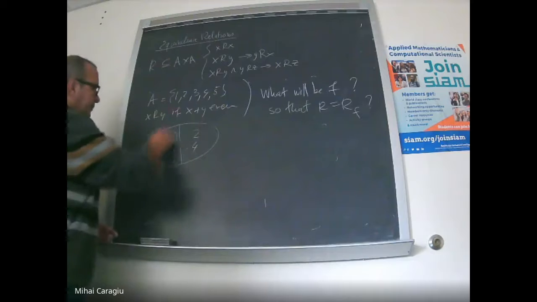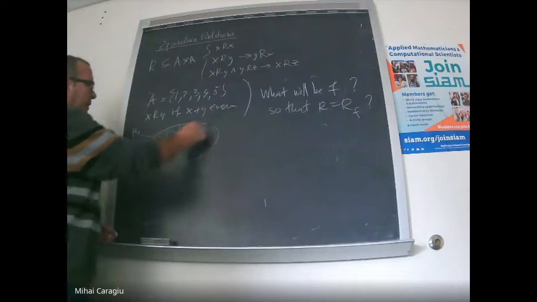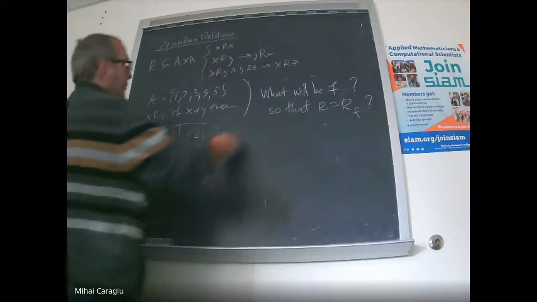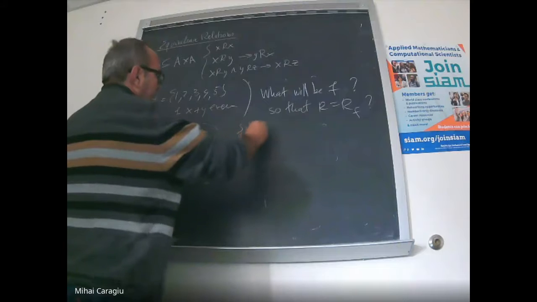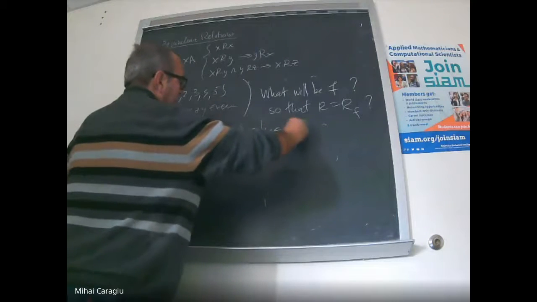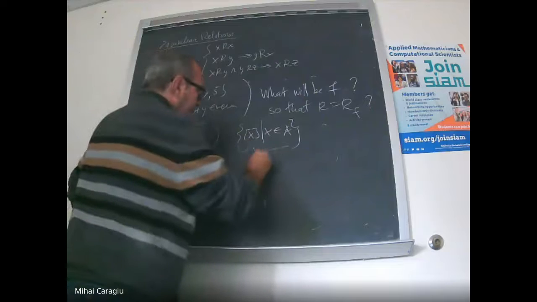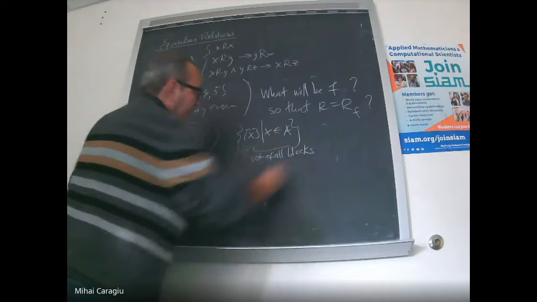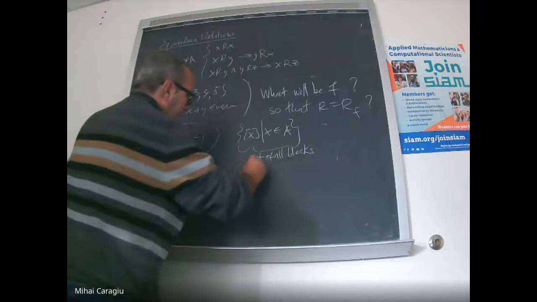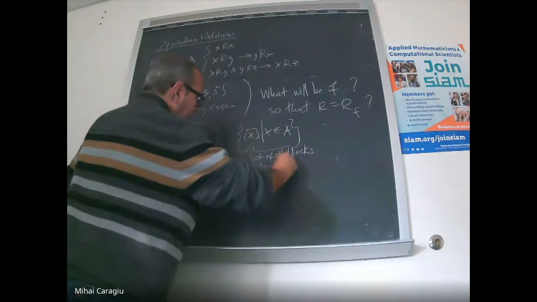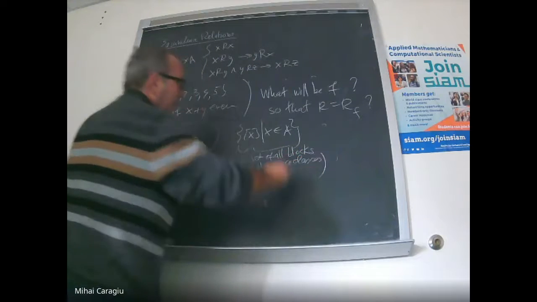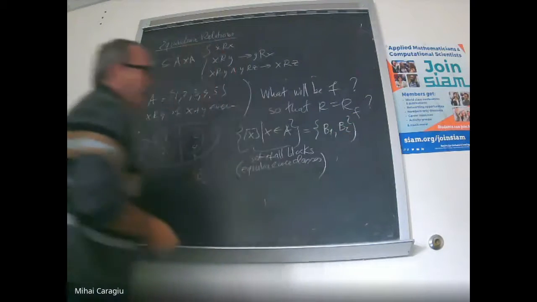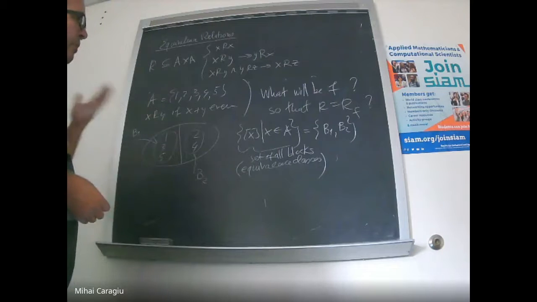So let's call this block 1. Let's call this block 2. So the set of all blocks, or equivalence classes, where X is in A, is simply B1 and B2, a set of two elements which we'll call B1 and B2.